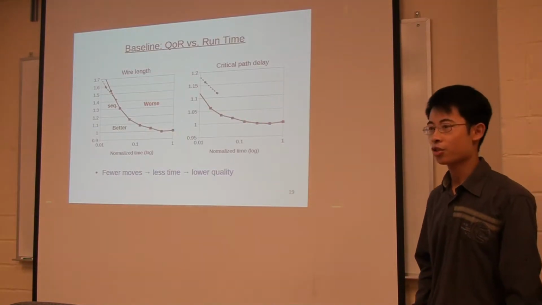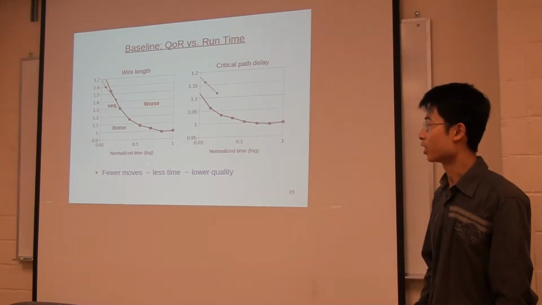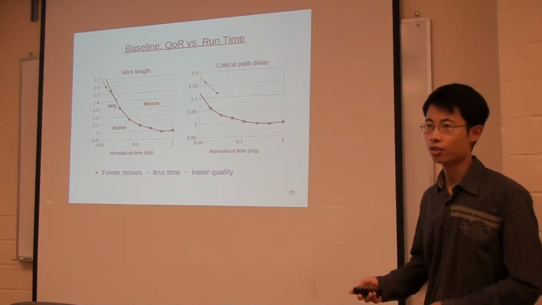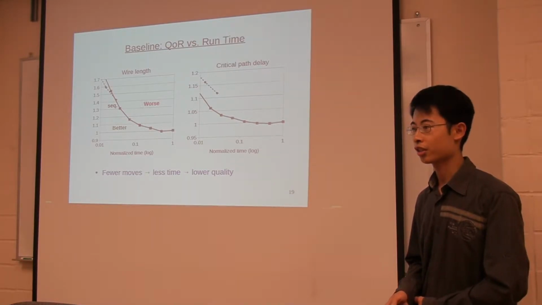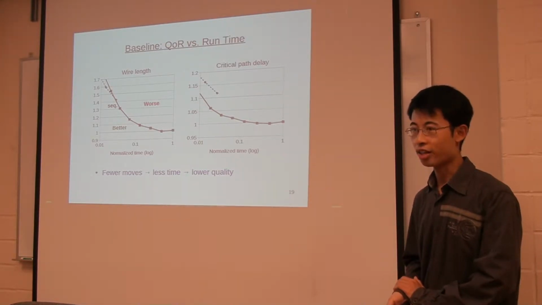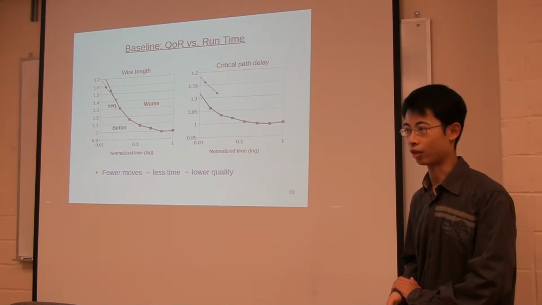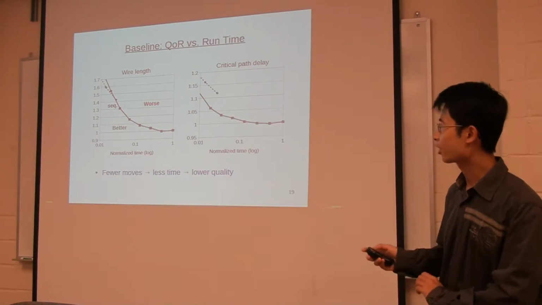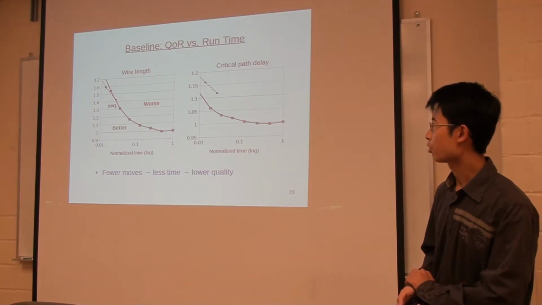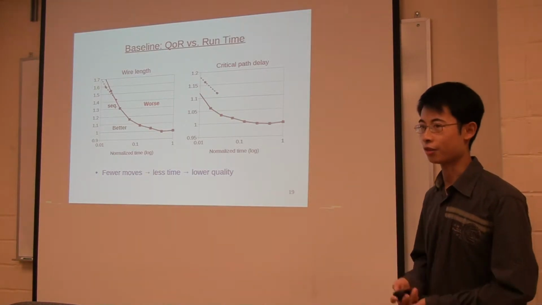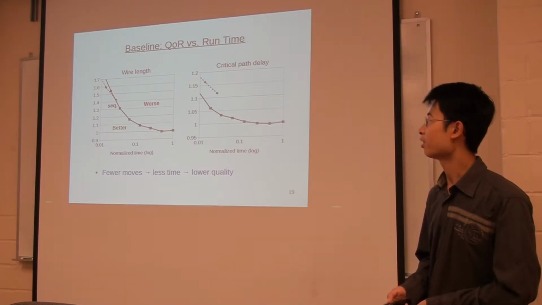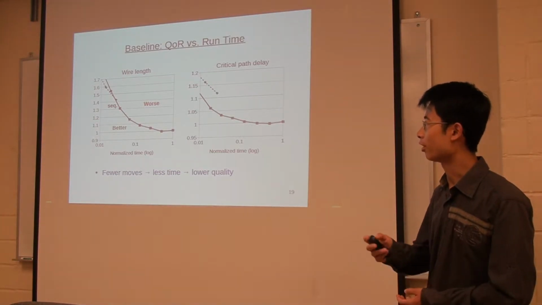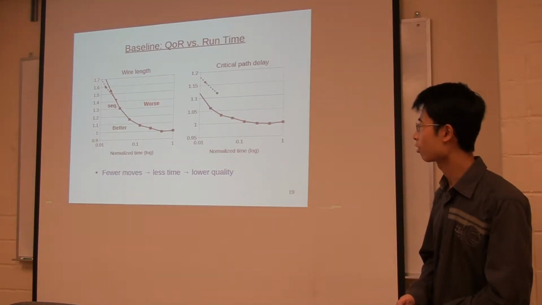So to answer the question of how well this parallel algorithm does, we need to compare it to the performance of the sequential algorithm, which can make various trade-offs between execution time and quality. The black curve here shows what happens when we lower the effort, which is to say, have the placer run for less time, and the effect it would have on the quality of the overall placement.